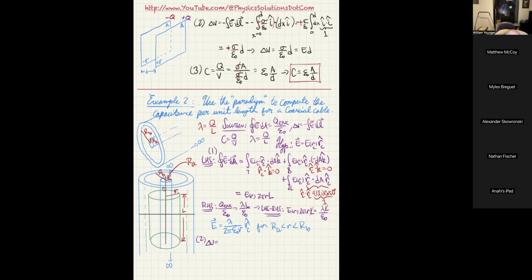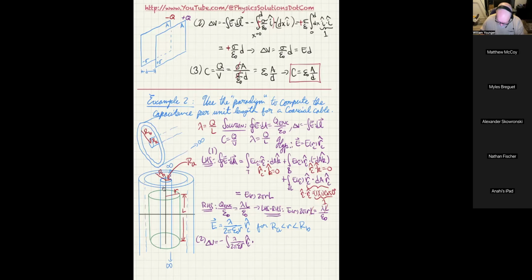Delta V equals the negative integral. Now, in this case, the electric field points radially outward. So I'm going to say lambda over 2 pi epsilon naught R cylindrical hat dotted with... Now I'm going to integrate from R_A to R_B, and what I'm going to go on the assumption is that... well, no, let's go ahead and do it like your book.